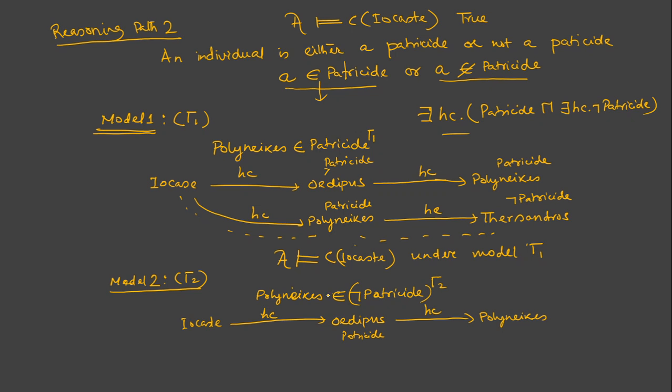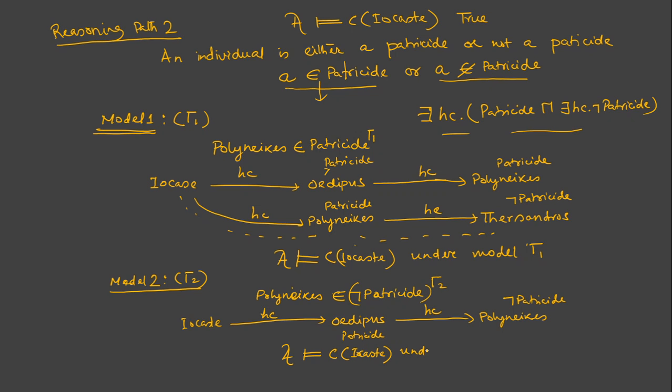And Polynicus we have assumed in this model to belong to not patricide. So we have the fact that Iocasta has at least one child who is a patricide, and that child has at least one child, Polynicus, that is not a member of patricide. So you see we are satisfying this particular class expression, and here also A entails the fact that Iocasta belongs to this class expression C, right?